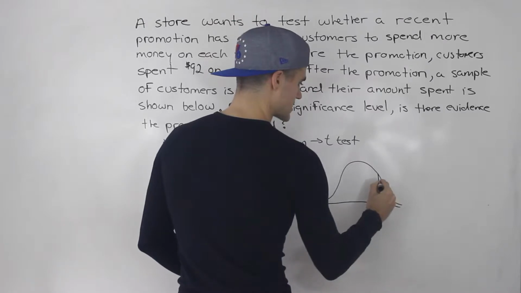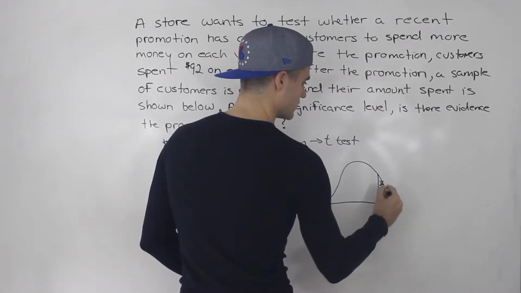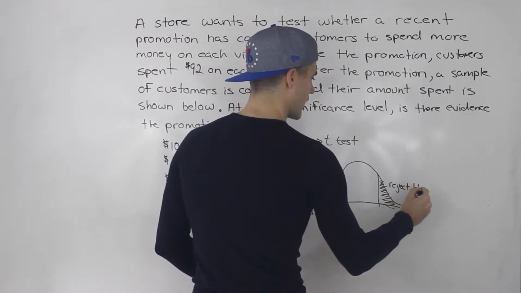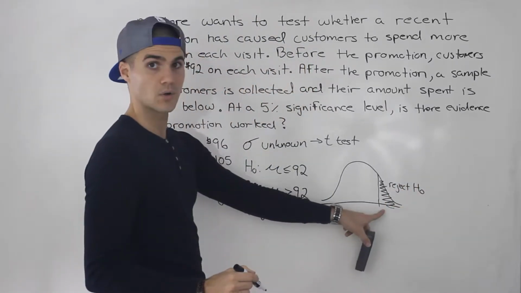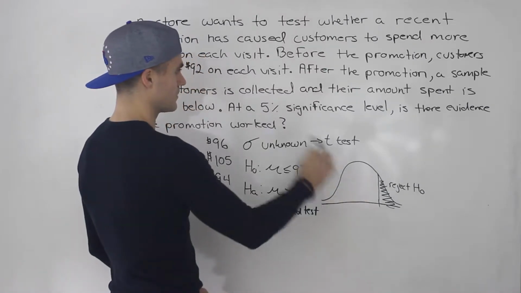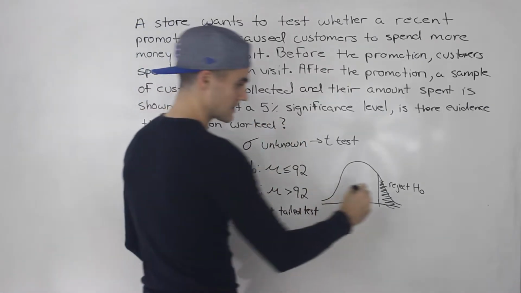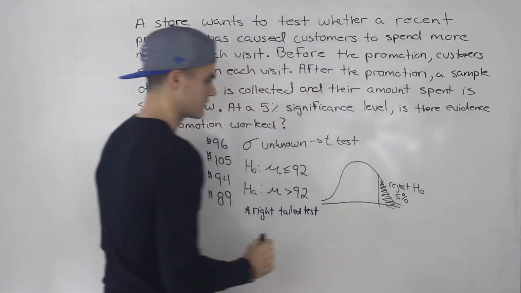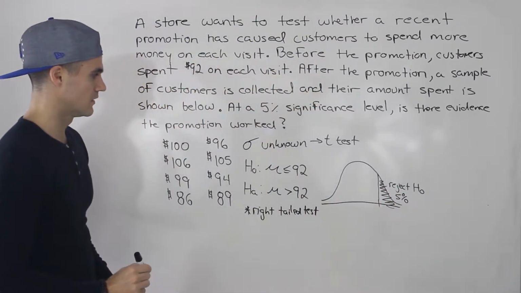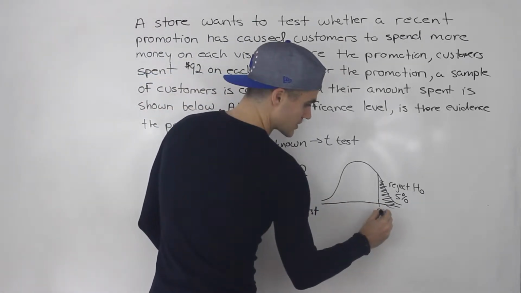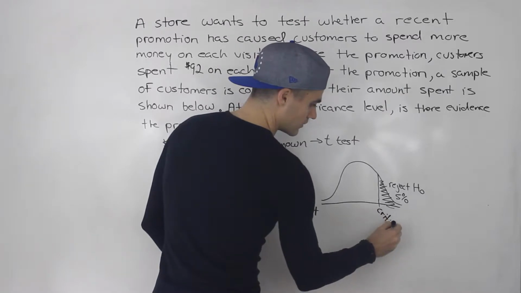Basically, a right-tailed test means the rejection region, where we're going to reject that null hypothesis, is going to be right here. And this here, because we're doing it at a 5% significance level, this area here is 5%. So what we got to do is we got to figure out what's this critical value over here.